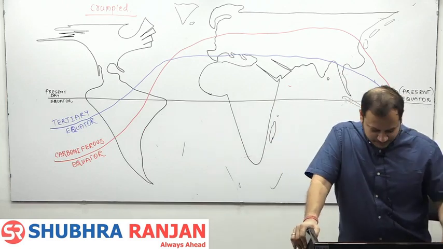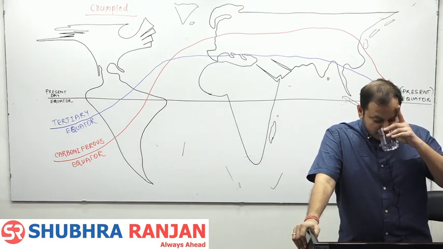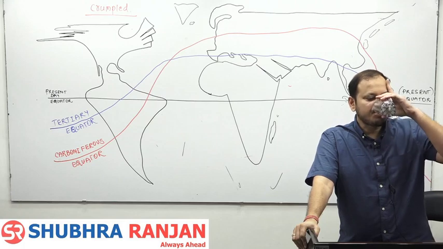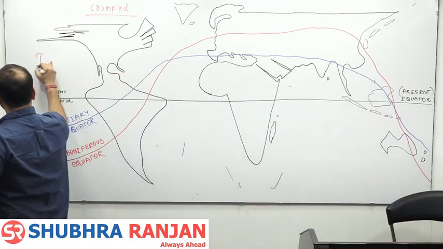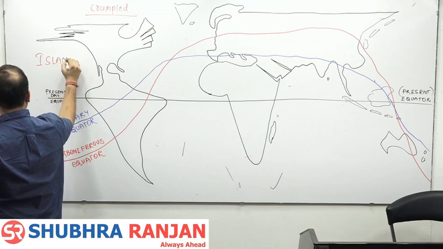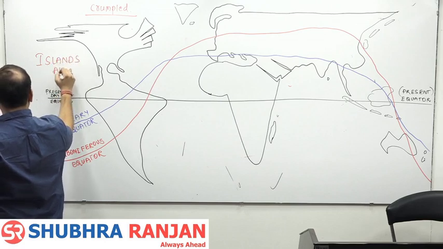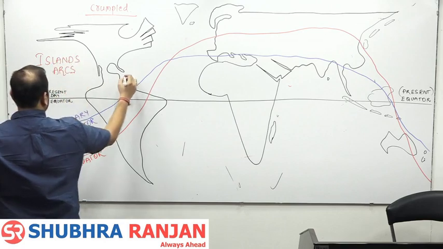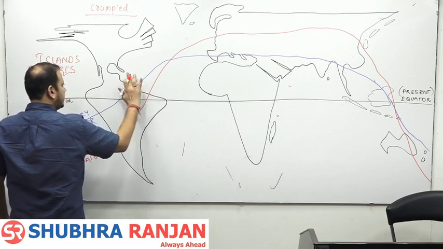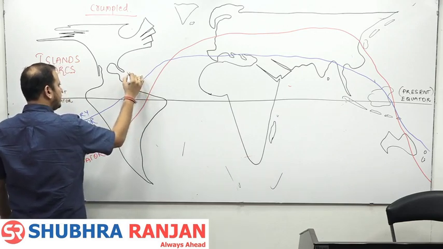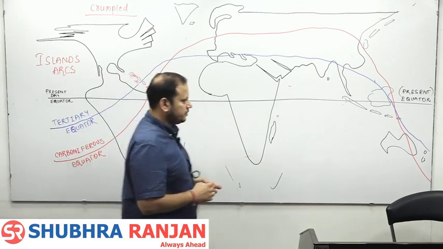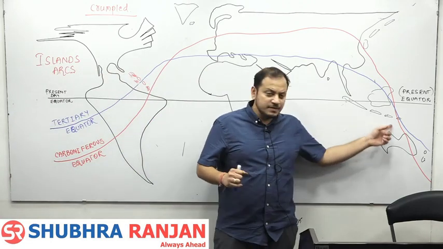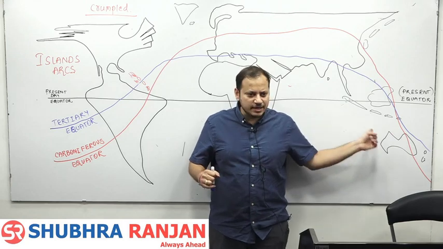Similarly, island arcs of Indonesia, Malaysia, Japan. ये जो islands है which are arc like in shape, they are known as island arcs.